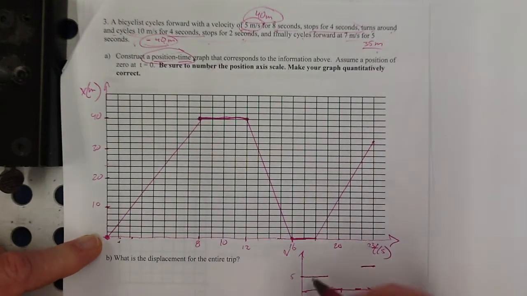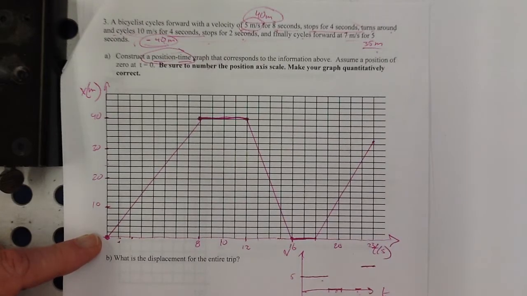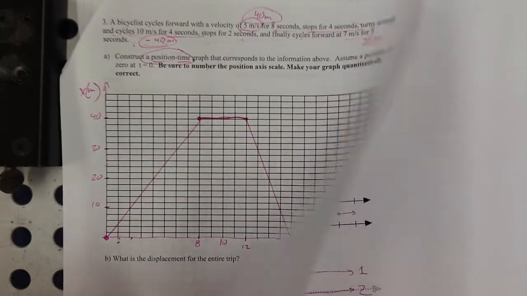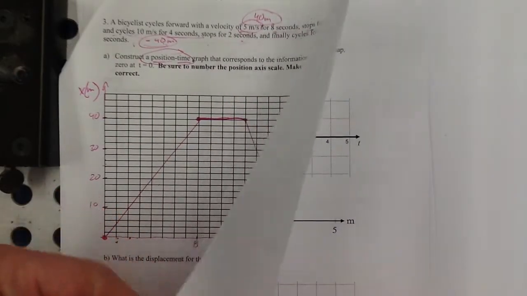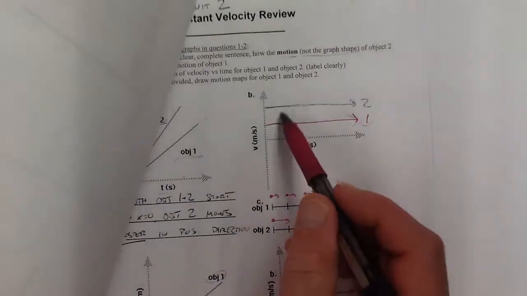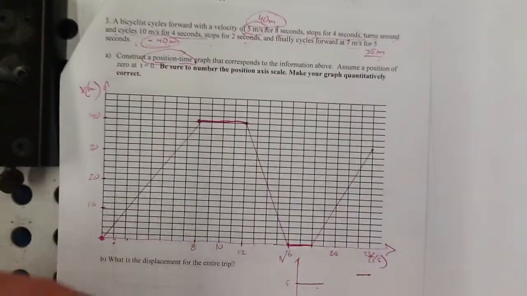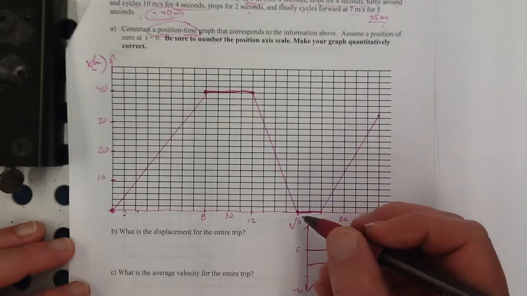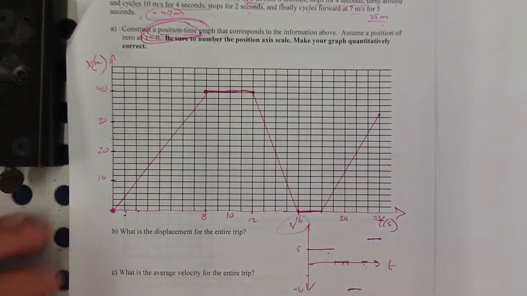So a velocity time graph is like these pieces of horizontal lines, right? Or maybe in the simplest kind of situation, like number 1 and 2, just horizontal lines, because there's no change in the motion here. So make sure you understand whether you're trying to make a position time or a velocity time graph.